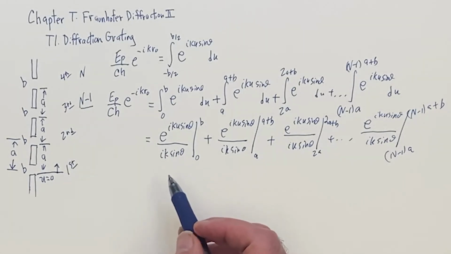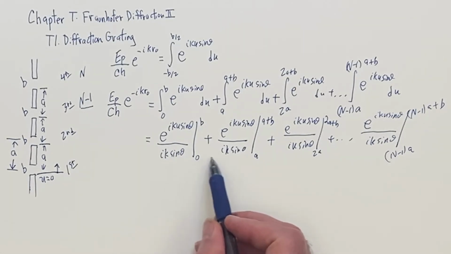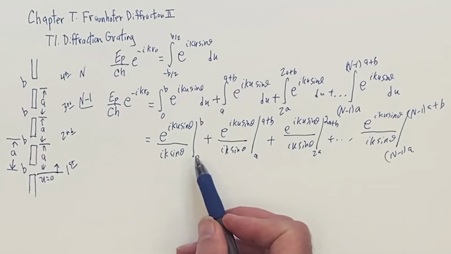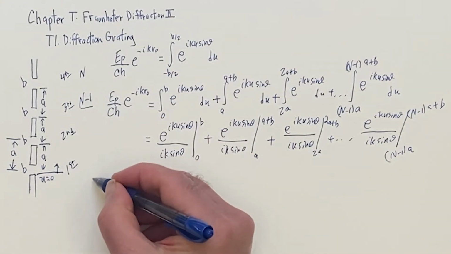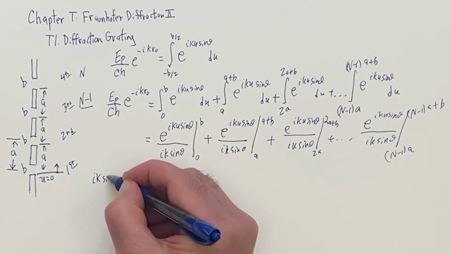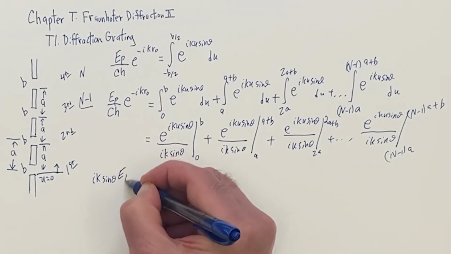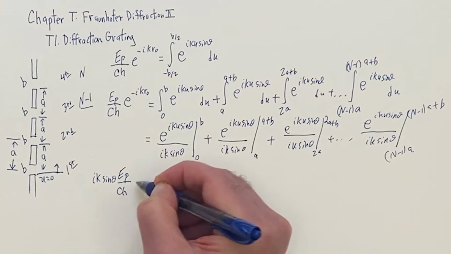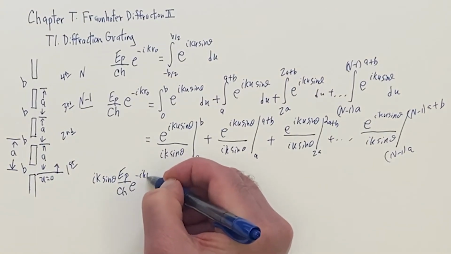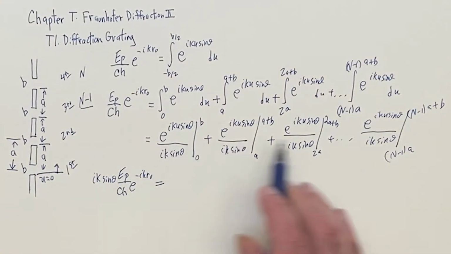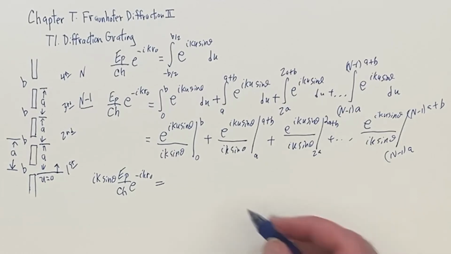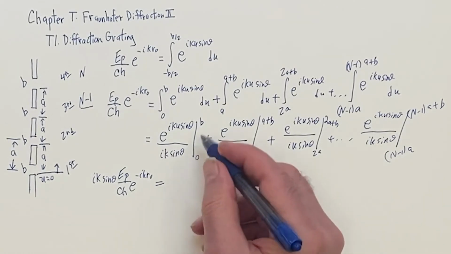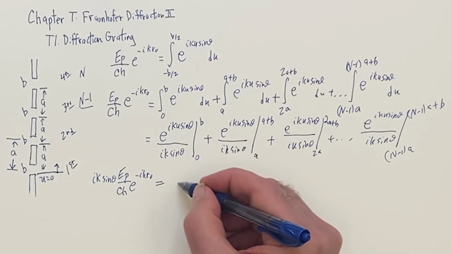So first thing I'm going to do is get these ik sine thetas over to the other side. So I have here ik sine theta EP over CH e to the minus ik r naught. And now I just have the exponentials. We put in the upper limit and then subtract the lower one.